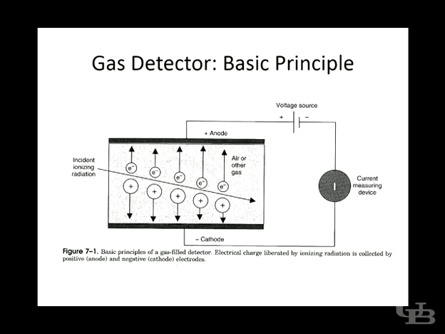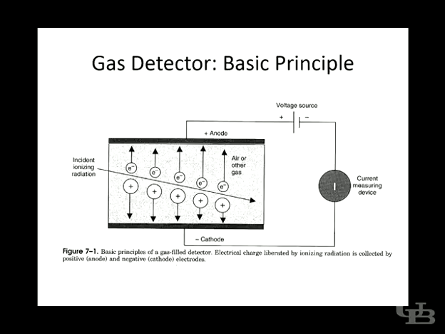Gas detector. Here is an illustration. You have a chamber filled with gas. On the two ends of the chamber, you apply voltage. Anode, cathode, that's positive polarity, negative polarity. You have the electric field formed in the chamber.